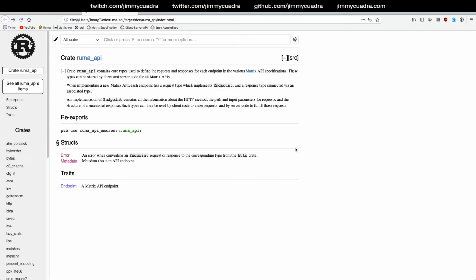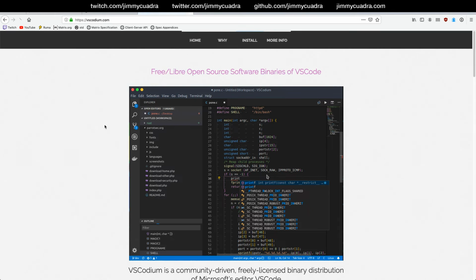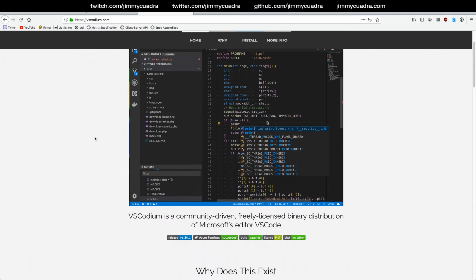Someone says VS Codium is good too. It's the project that changed my mind that all of Electron was crap. VS Codium. I'm not aware of that. Open source binaries of VS Code? I've never heard of this. Free Libre open source software binaries of VS Code.